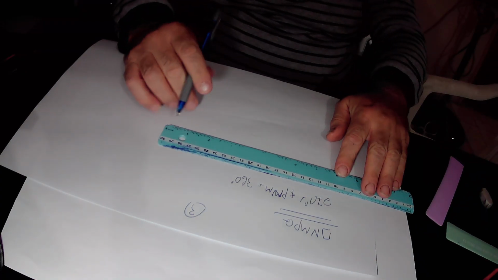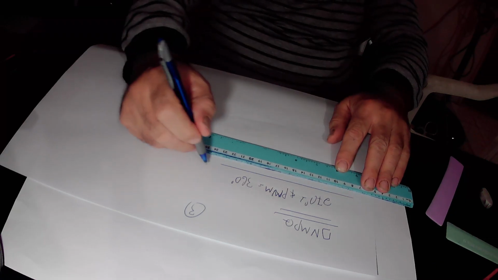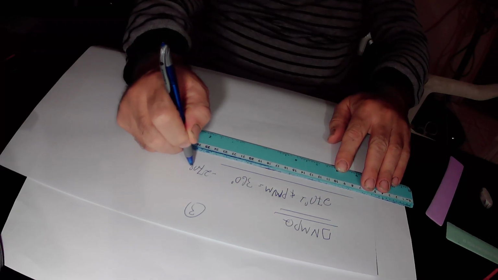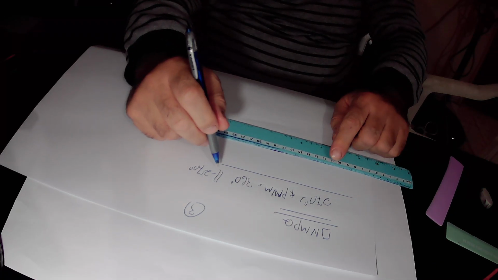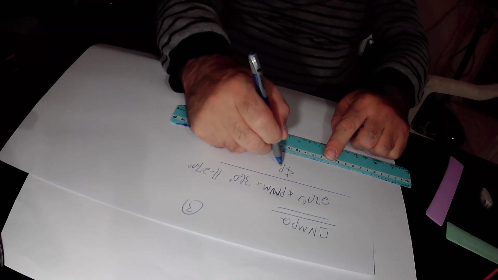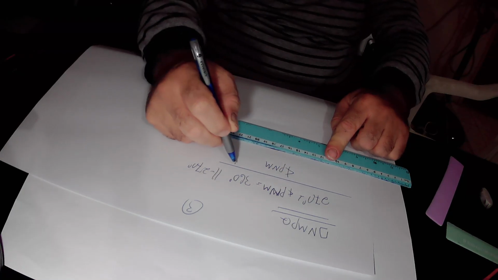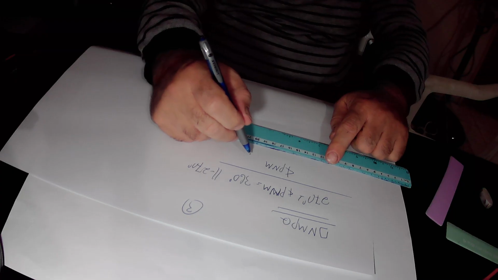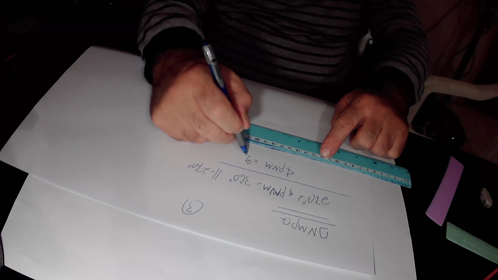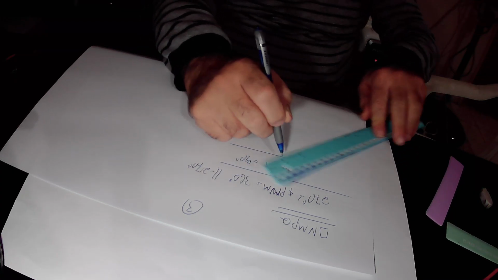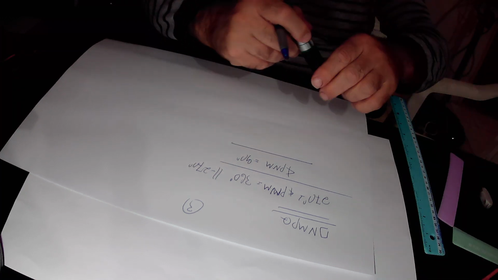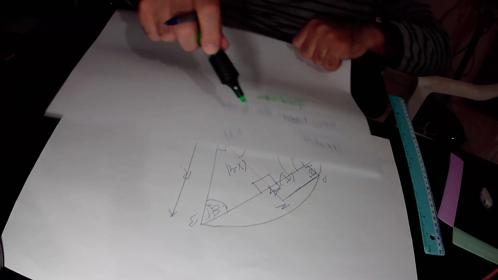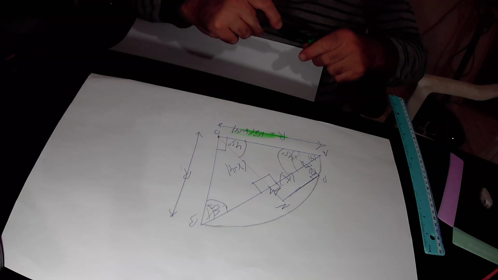So here we will subtract 270 degrees from this equation, and we get that the missing angle PQM is equal to 360 degrees minus 270 degrees, which is 90 degrees. So this is the missing angle PQM, and it is a right angle.